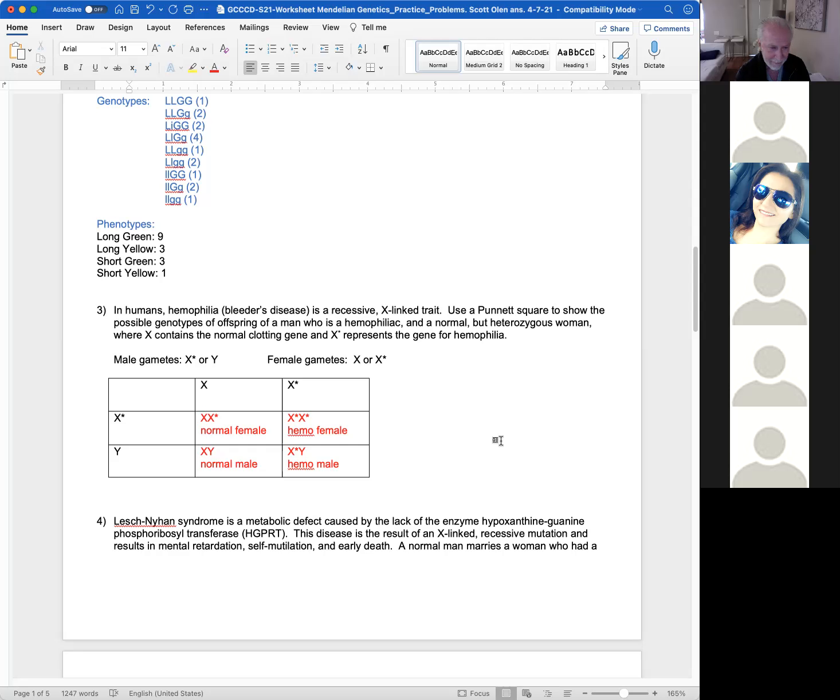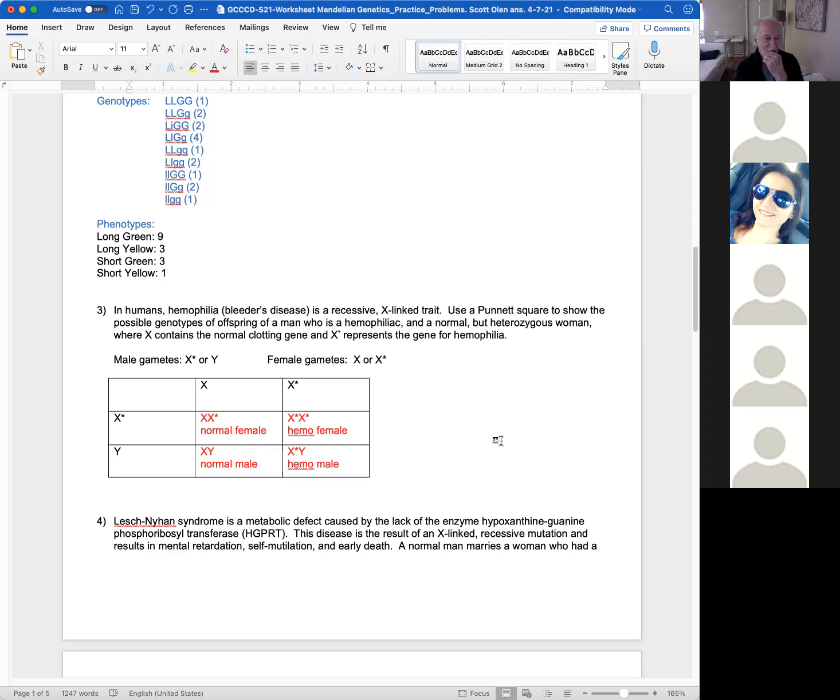Typically though, X-linked traits affect males more than females, because guys only have the one X, so if they have the X star in this case, there's no chance of a second X coming in and sort of suppressing that. Yeah, the term they typically use is masking, but you're absolutely right. A dominant allele can mask a recessive allele. Yeah, thank you, I got it.